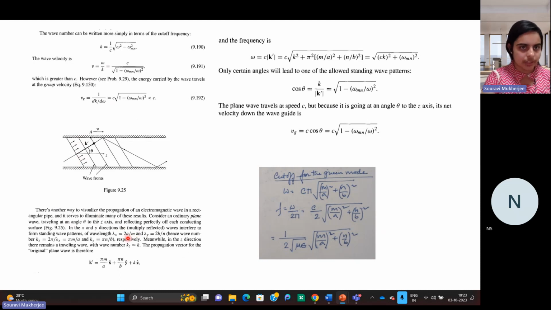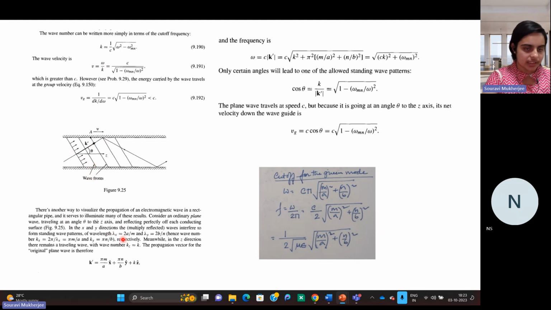So this is another way of looking at how this periodicity comes up in your waves, or how the different modes are being generated. Meanwhile, in the z direction it remains a traveling wave. Why? Because there is no confinement in z; the confinement is in x and y.